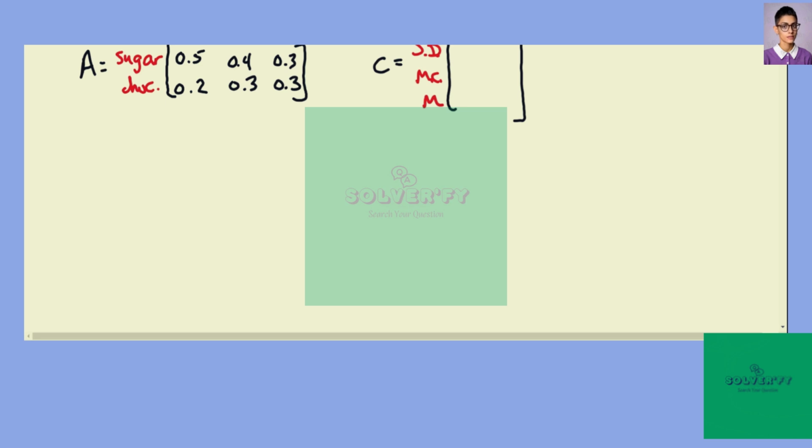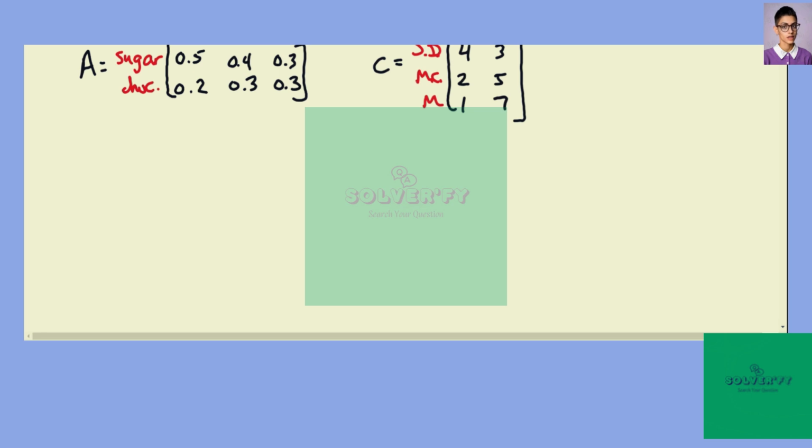So how much do each of these ingredients cost in each of these different cities? Well, we know for sugar, 1 kilogram of sugar is $4 in San Diego, $2 in Mexico City, $1 in Managua. How about our chocolate? Well, our chocolate costs are $3, $5, and $7, respectively.